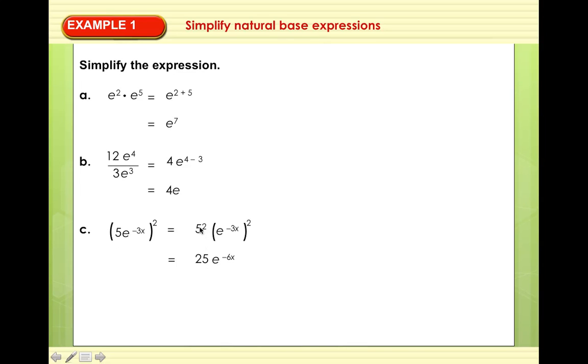Notice I've also worked out the 5 squared to make it 25. And then finally I can use the negative exponent property to move the e to the negative 6x into the denominator and make my exponent positive. So 25 over e to the 6x would be the final simplified answer to part C.